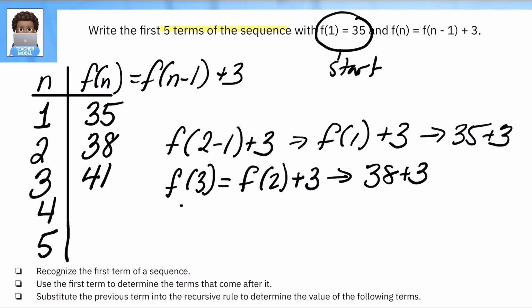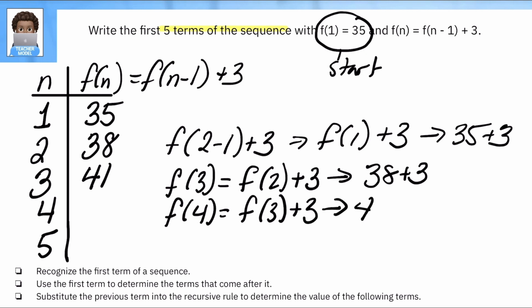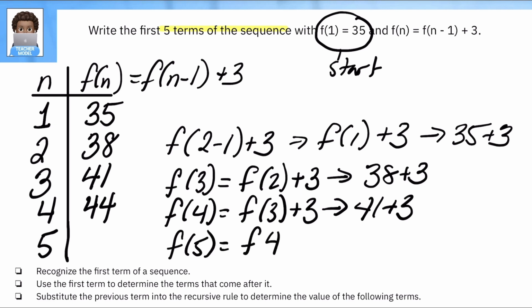And we will do the same thing. We know what the next ones are going to be. So f of 4 is f of 3 plus 3, or 41 plus 3, that's 44. And f of 5 is equal to f of 4 plus 3, which is the same as 44 plus 3, or 47.